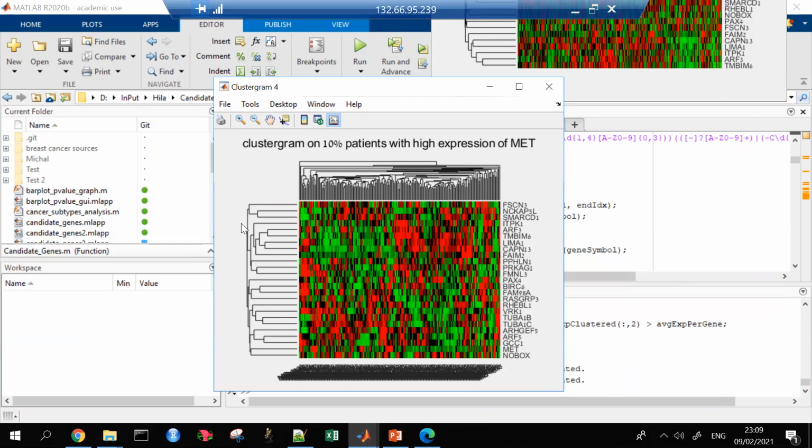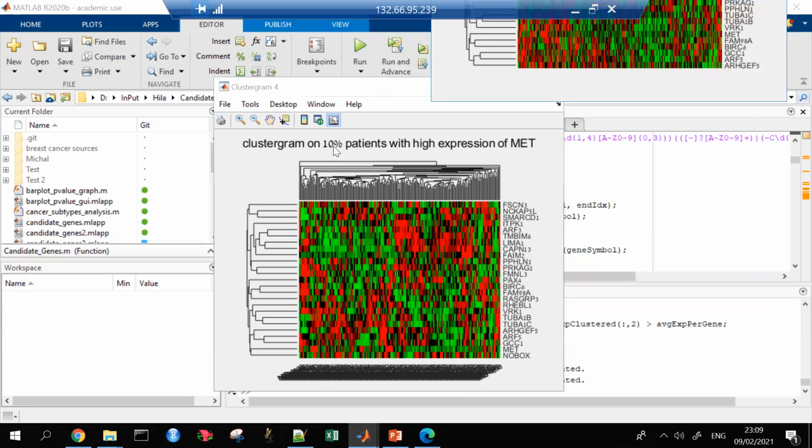These are clustergrams, and usually in my code, if I print figures, they are invisible. In the clustergrams case, they could not be invisible. I could also not change their name.